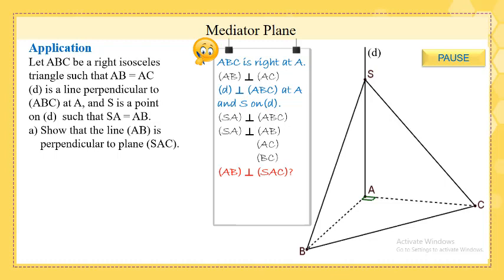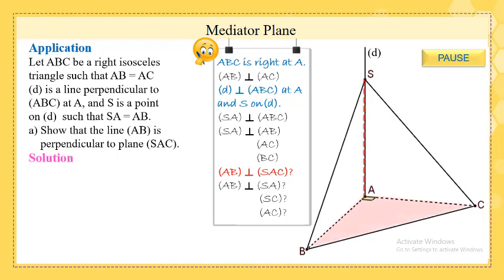Now, how can we prove that AB is perpendicular to plane SAC? As usual, we should prove that AB is perpendicular or orthogonal to two intersecting lines in SAC. Is it perpendicular or orthogonal to SA, to SC, to AC?